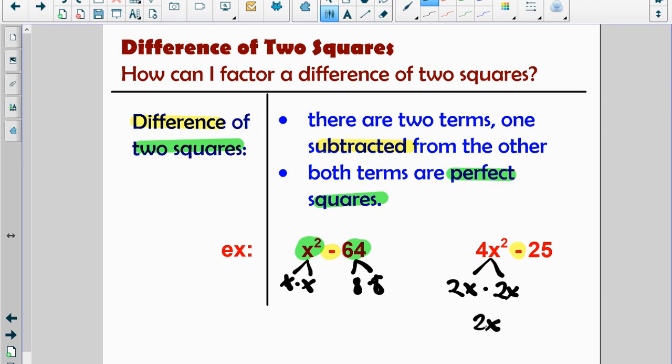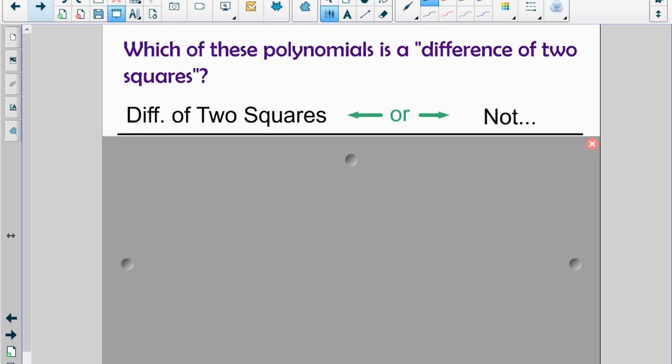In other words, (2x) squared is 4x squared. And the 25, of course, is just 5 times 5, or 5 squared. So we have a difference of two perfect squares. Let's recognize whether we have a difference of two squares in our examples here. Which of these polynomials is a difference of two squares or not?